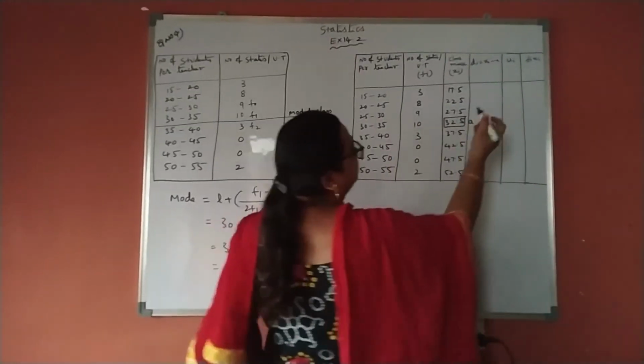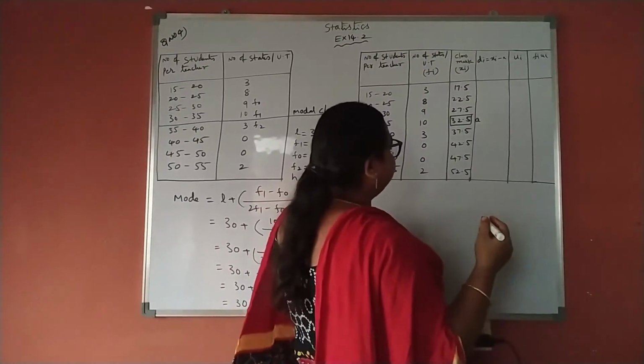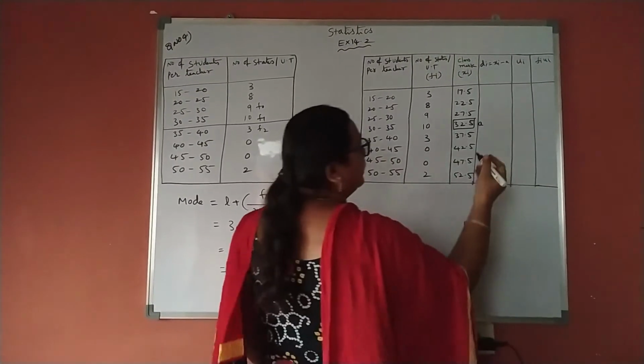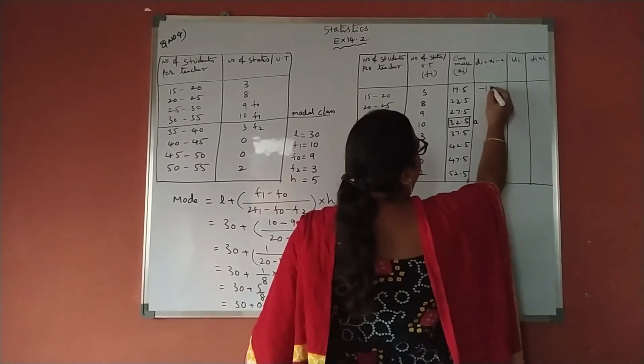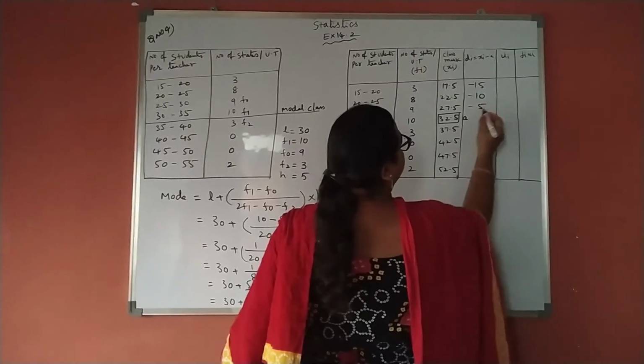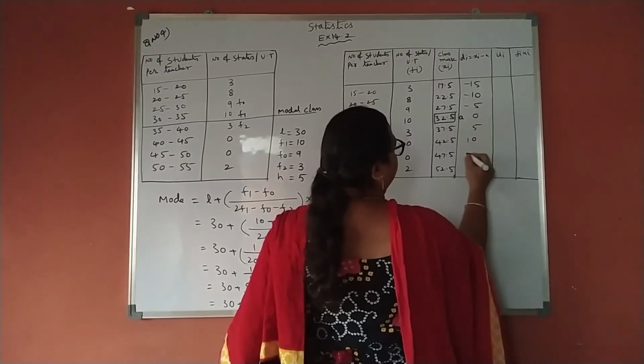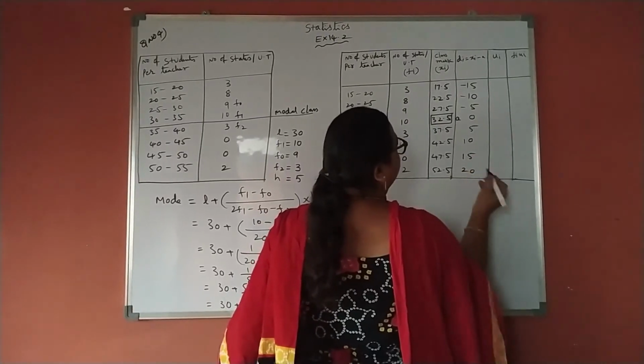Now DI, how we will get DI? Xi minus A. So 17.5 minus 32.5, that is minus 15, then minus 10, minus 5, 0, 5, 10, 15, 20.